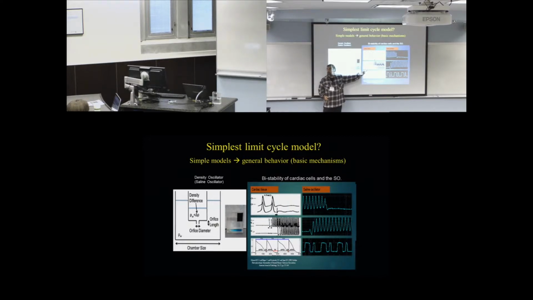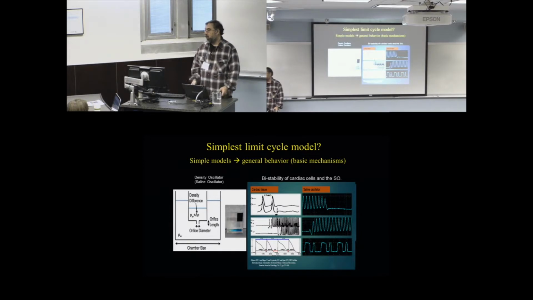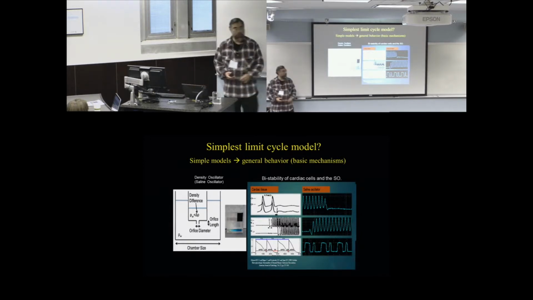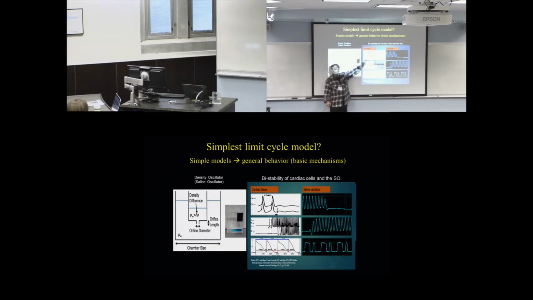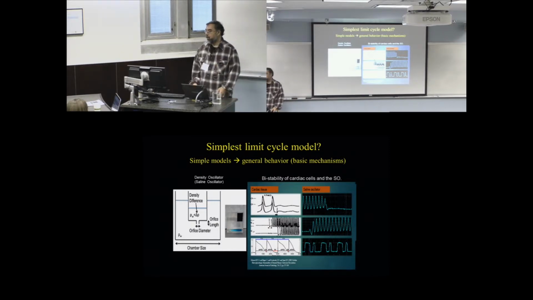Then you can do a more physiological model that accounts for the salinity. It's a fast and a slow variable, where the fast variable will be the voltage. It's not a physical model, it's just a phenomenological version.